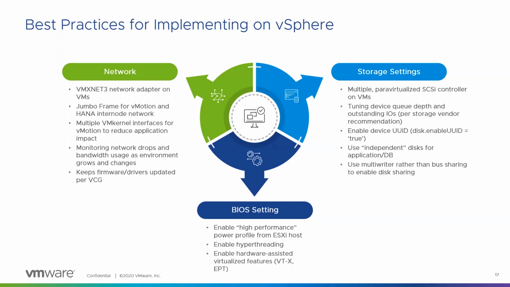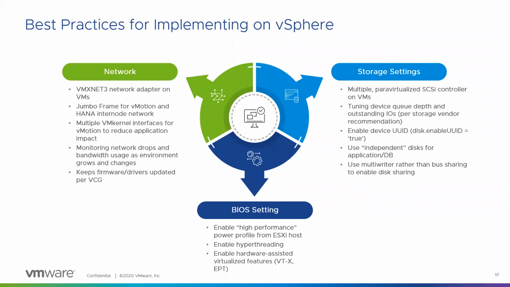So always monitor. And network packet drops are never good. If you have drops, you want to make sure you get rid of them by doing firmware updates and driver updates, and consult the VMware compatibility guide and make sure that you are in compliance.